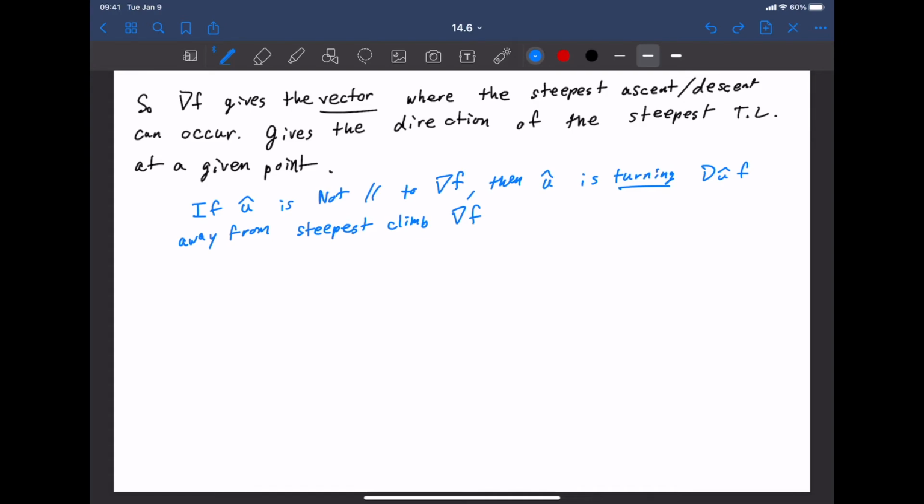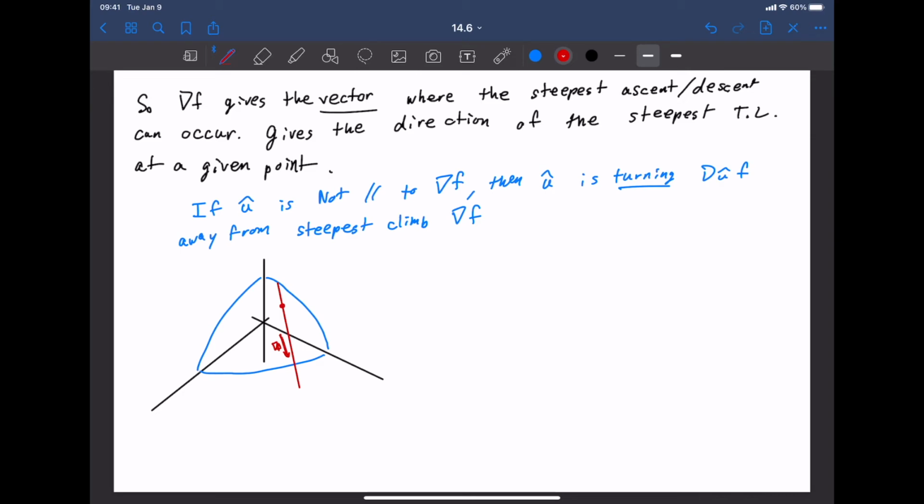Okay, one more picture. So there's my surface, there's my point again. The gradient at that point would be the steepest tangent line I could draw there. That's the gradient of f at that point.